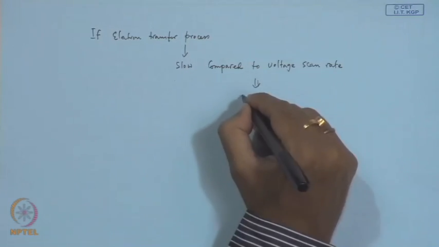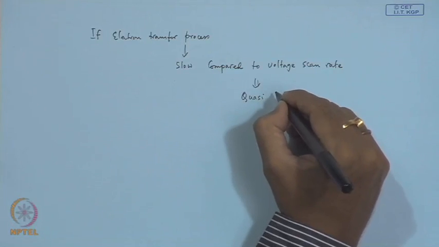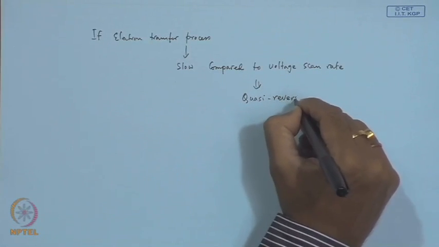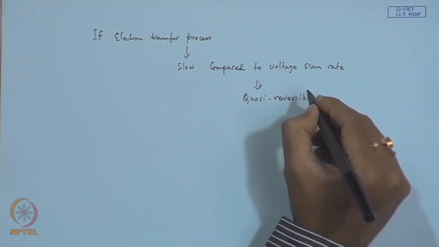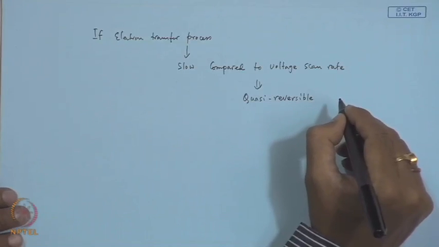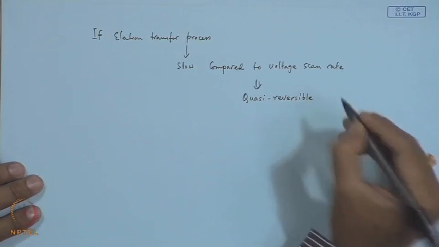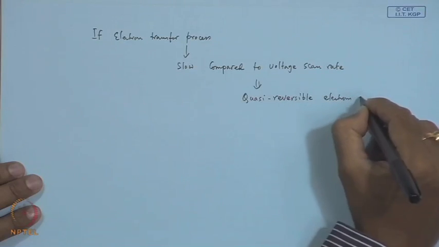In that case, this is termed as quasi reversible, or maybe irreversible electron transfer. Quasi reversible electron transfer.